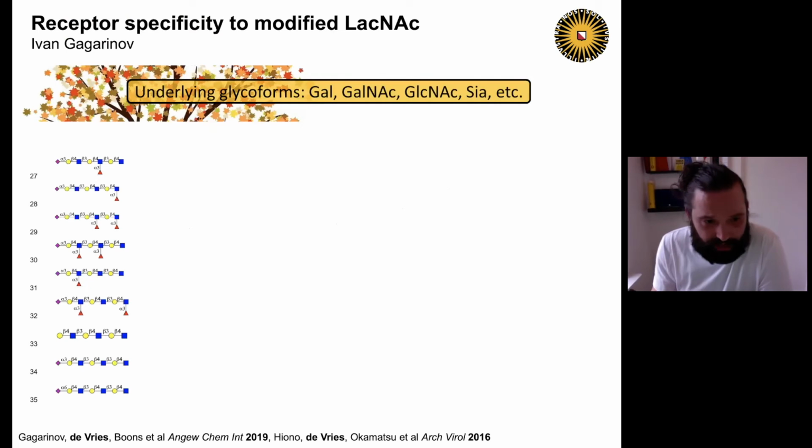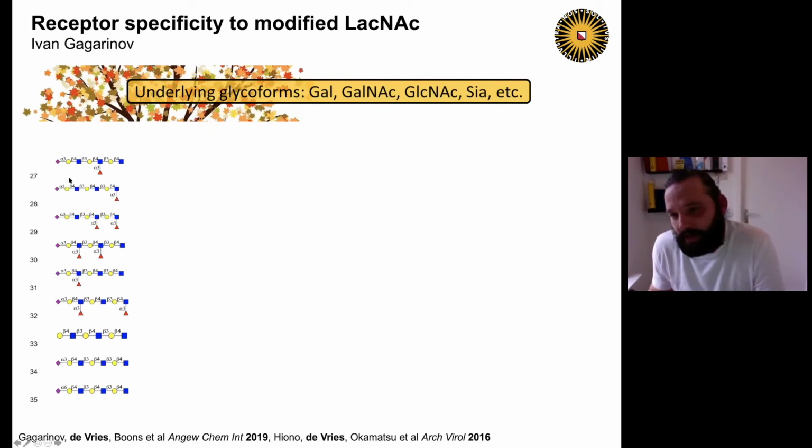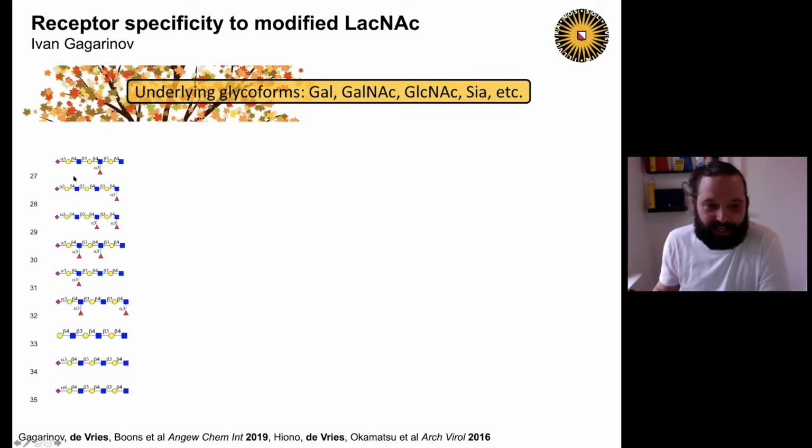Finally, before going to H3, we also analyzed different Lewis X specificities. So these LacNAc chains, and we made them linear structures here, you can modify them with different fucose structures. And normally when people do this, they make these structures enzymatically, and every GlcNAc is fucosylated.